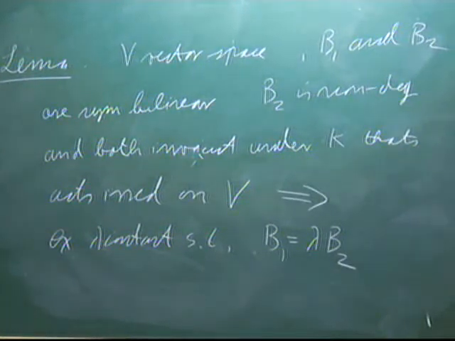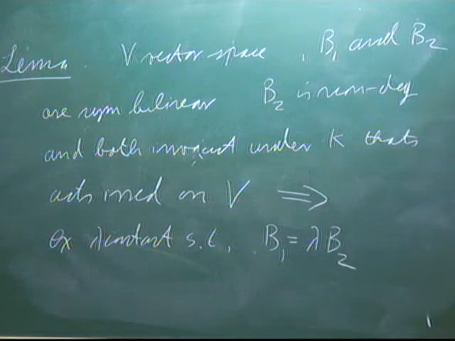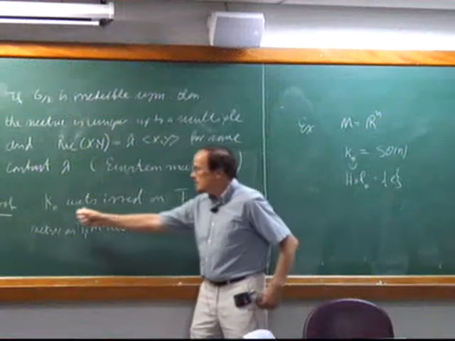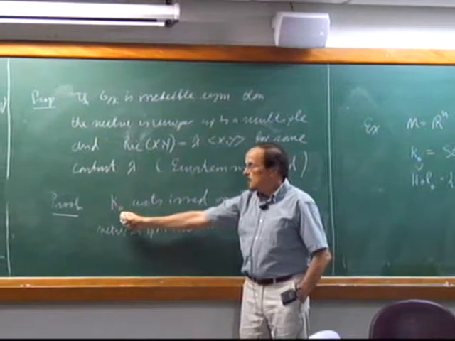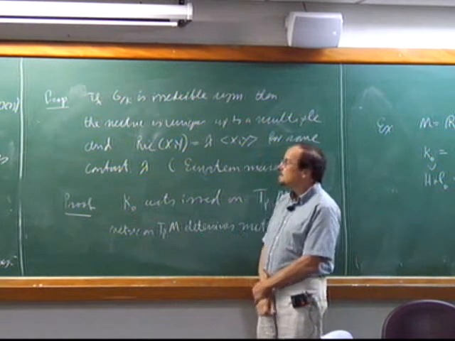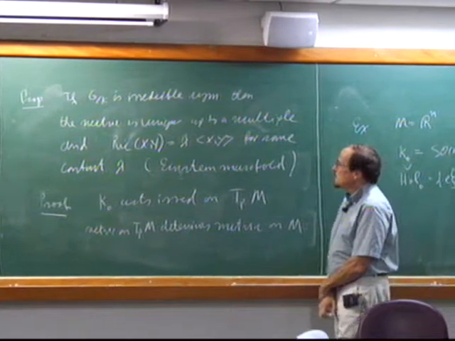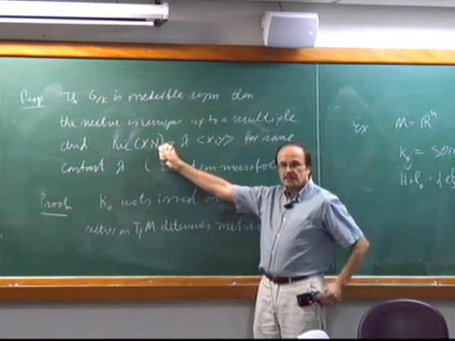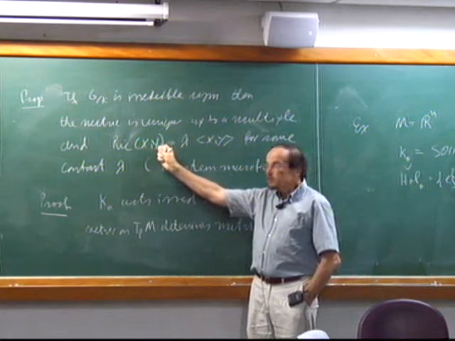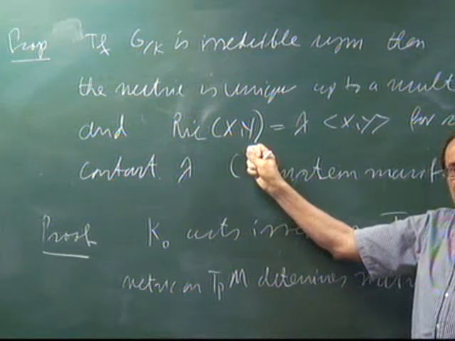Have you seen that before? So we can discuss how to prove that later, but I claim this finishes both things, right? So I have my inner product on the tangent space. It's invariant under K naught. Irreducible symmetric means K naught acts irreducibly. So if I have two inner products, one's a multiple of the other. Okay. For the second part here, well, the Ricci tensor is a symmetric bilinear form. Isometries preserve the curvature. So it's invariant under the action of K naught also.